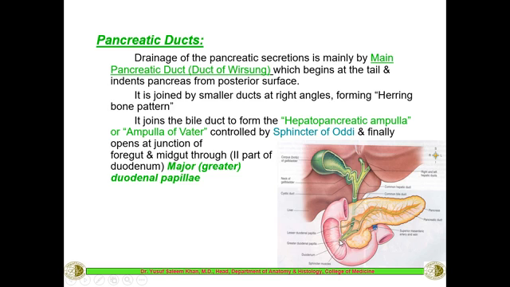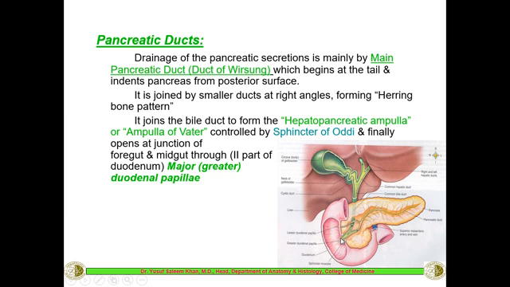This point where it opens is the junction between the foregut and the midgut. So here, in the second part of the duodenum, the foregut will end at this opening, and the midgut will begin from this point.